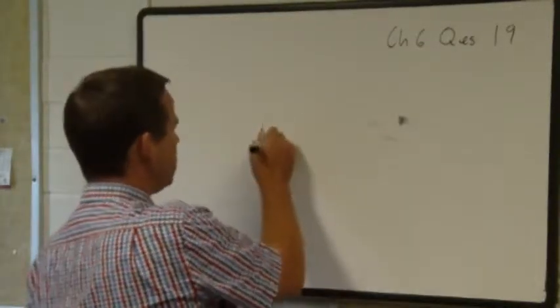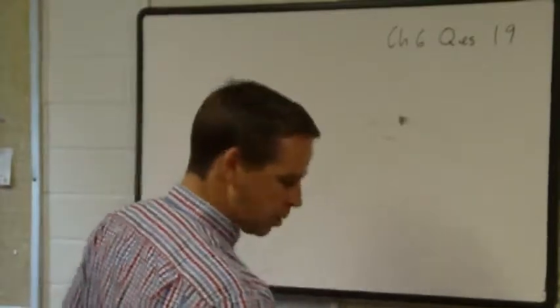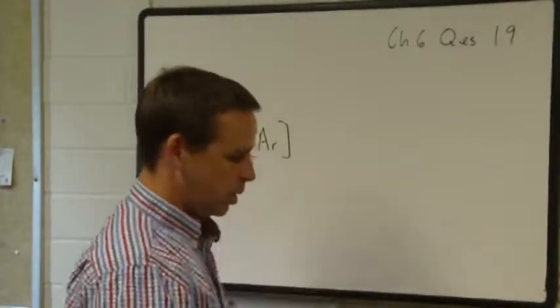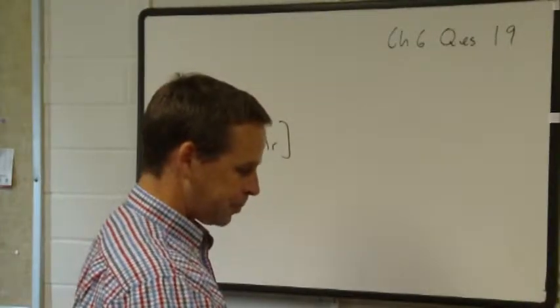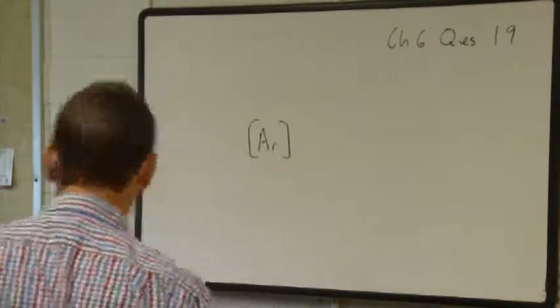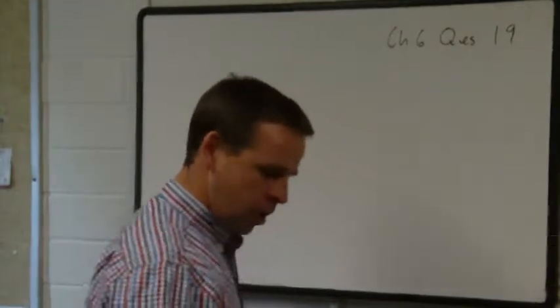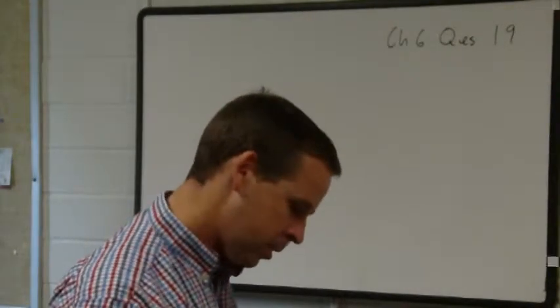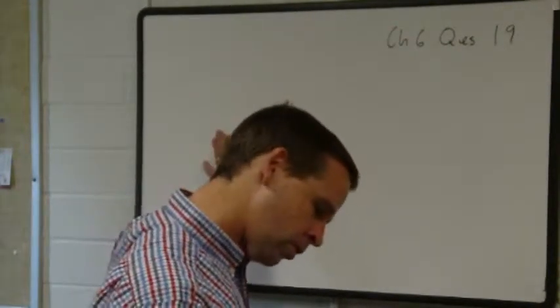So argon is going to be my noble gas core, which I use, right? And I need to add on after argon. It's 18 electrons. I need to add on some more. So for arsenic, element 33, argon's our noble gas core.